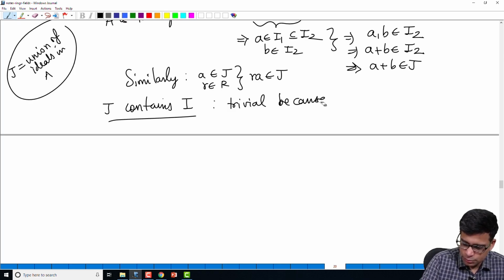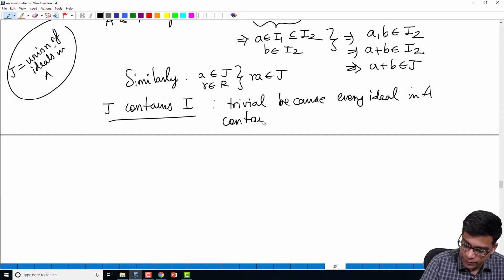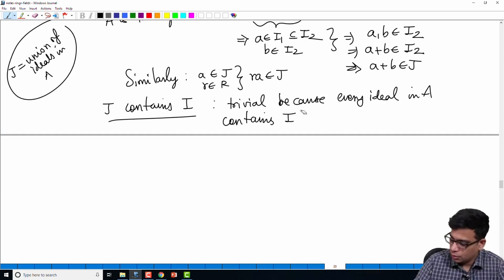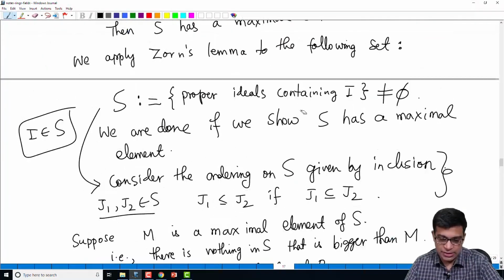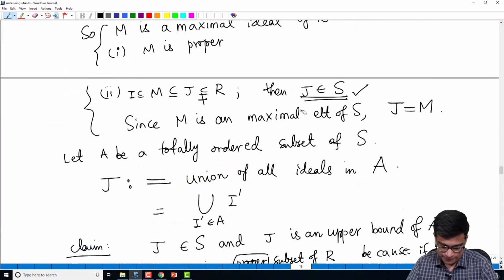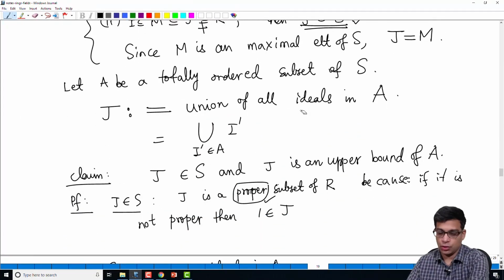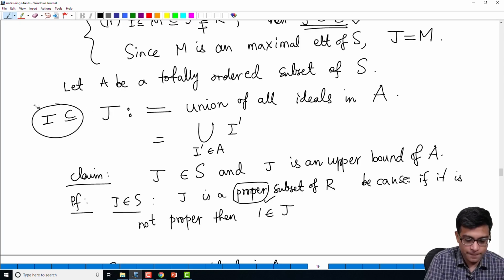Because every ideal in A contains I by definition, because our whole set capital S is things that contain I, and A is a subset of S. So every element of A contains I, so their union also contains I. So J is in fact going to trivially contain I.